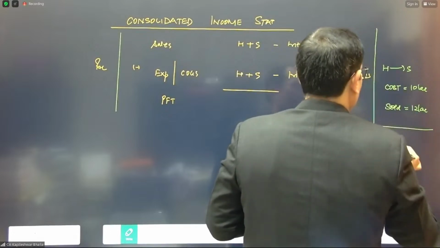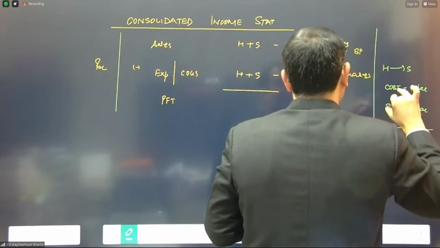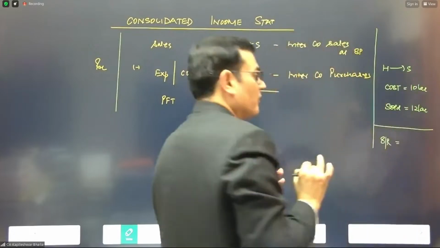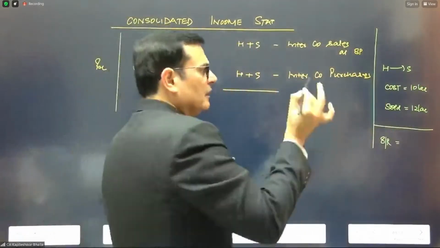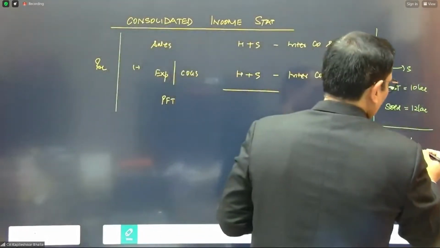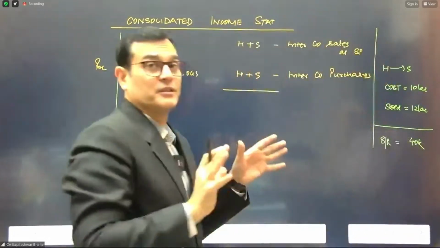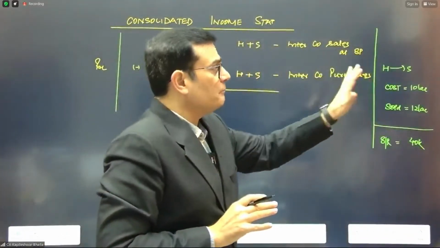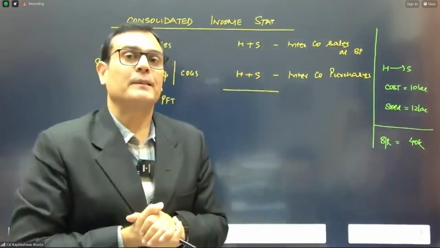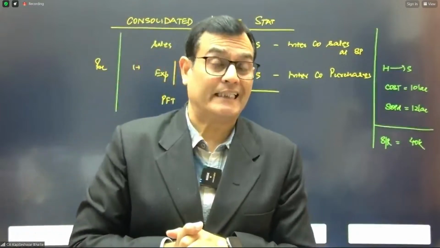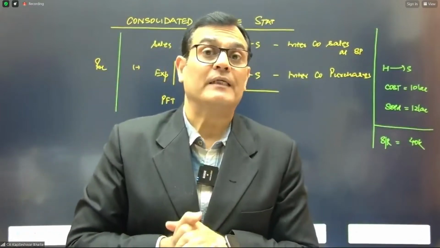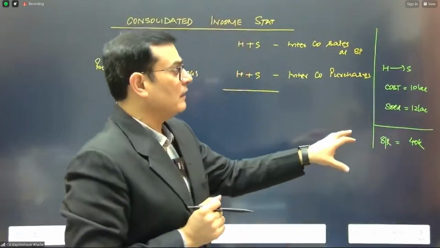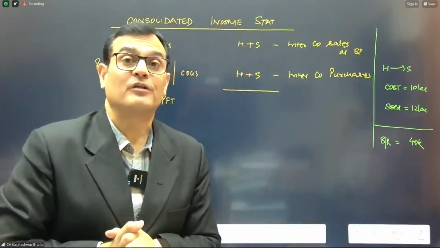And you've also calculated the stock reserve on the unrealized profits on the unsold inventory, which is to the extent of 40,000. Let's take some figures to assume that. So let's consider that the holding company made a sale to the subsidiary company for goods costing 10 at a sale value of 12, and the stock reserve, the unrealized profit, is to the extent of 40,000.